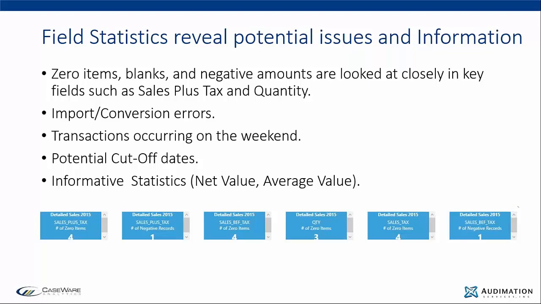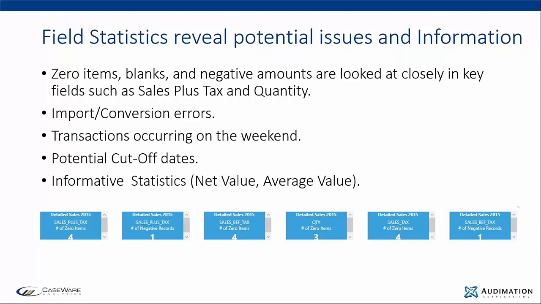And one of the things that it tends to look at, very specific to whatever database you are working with, is zero items. It'll show you if there are any fields, or at least key fields, where there might be zero items, blank, or negative amounts, where you may want to look closely.